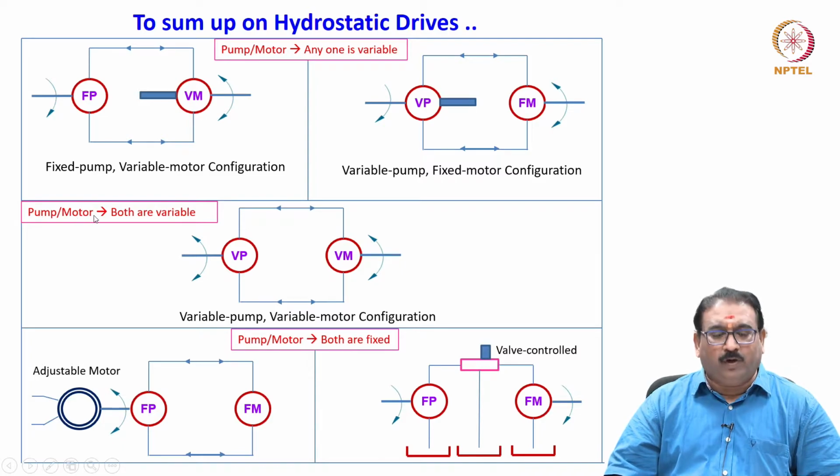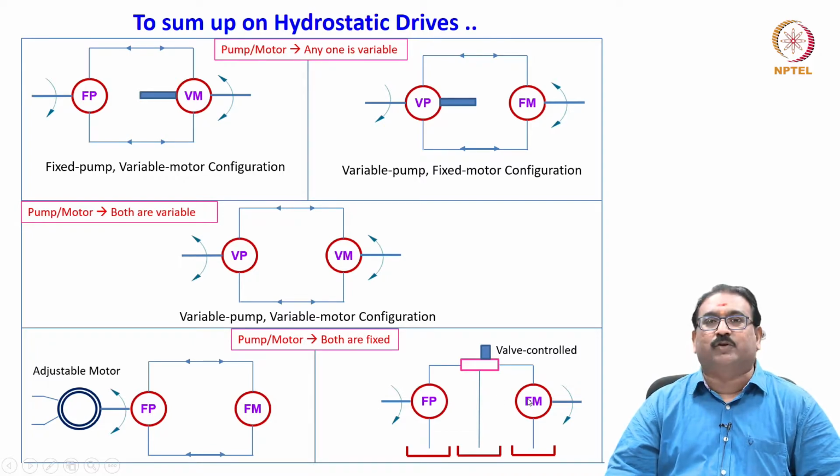Pump and motor both are variable. You will see here both are variable: variable pump, variable motor. Or you will see here the last one, pump and motor both are fixed: fixed pump, fixed motor.